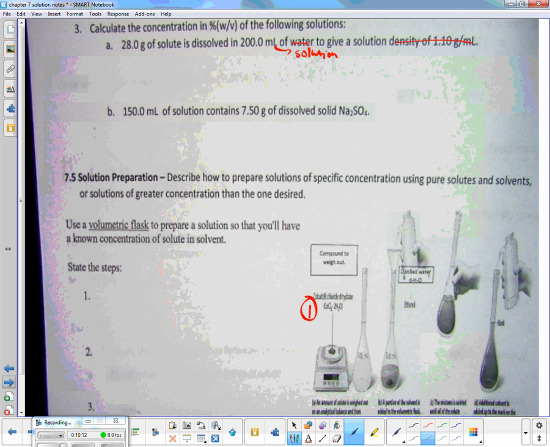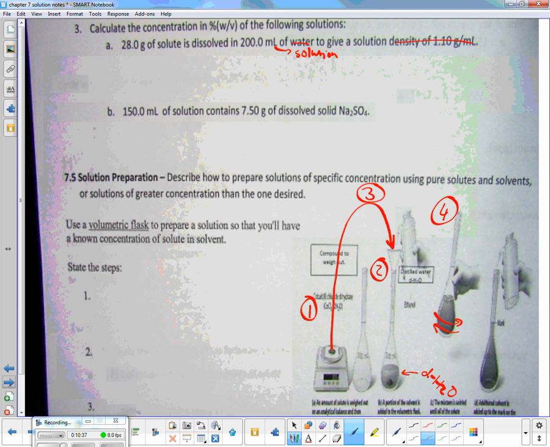So the first thing I do is weigh the grams out. Second thing is I put in about half the amount of distilled water, half the amount to the line. Then I'm going to add my solid in here. That will be step 3. Then I do the shaky, shaky, shaky. That's step 4, until all of it dissolves.